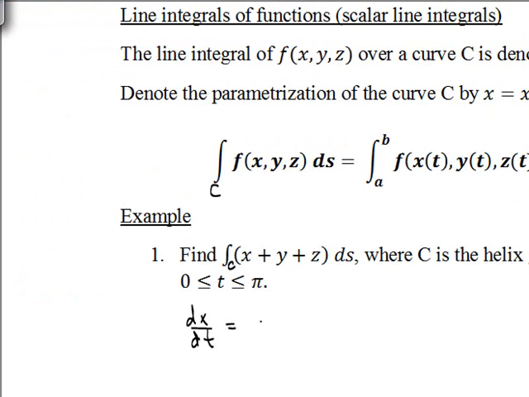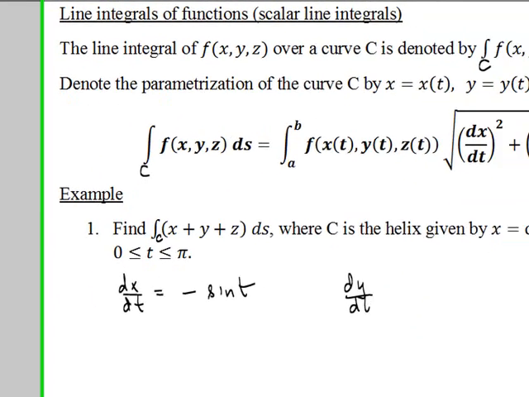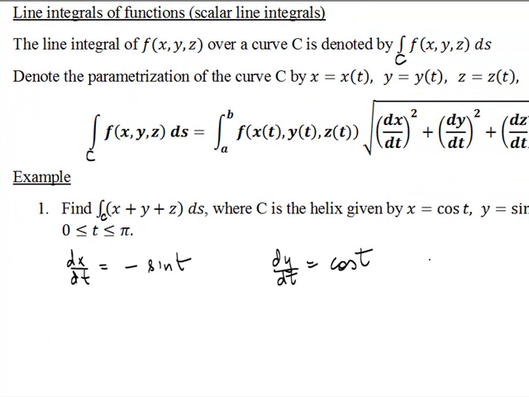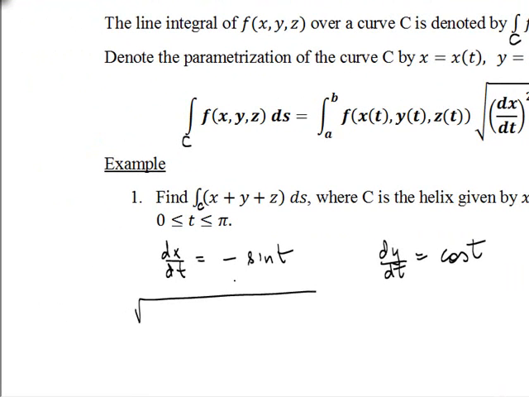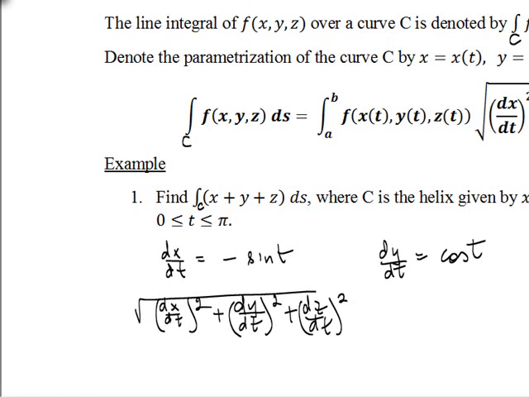dx/dt is minus sine t. dy/dt is cosine t. dz/dt is 1. So now let's find the square root of dx/dt squared plus dy/dt squared plus dz/dt squared.